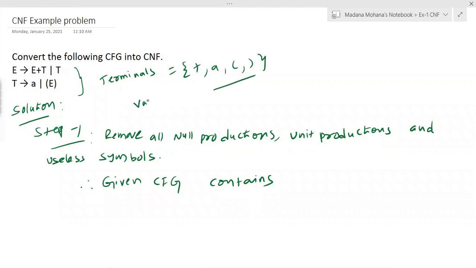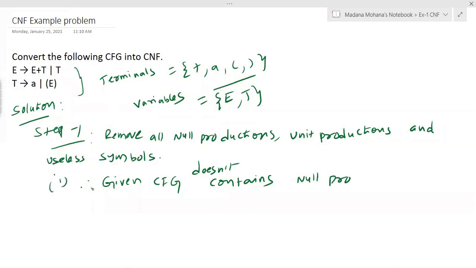The variables are the uppercase letters, capital E and capital T. So on the right hand side there is no null value. For the CFG, you can mention it does not contain null productions.